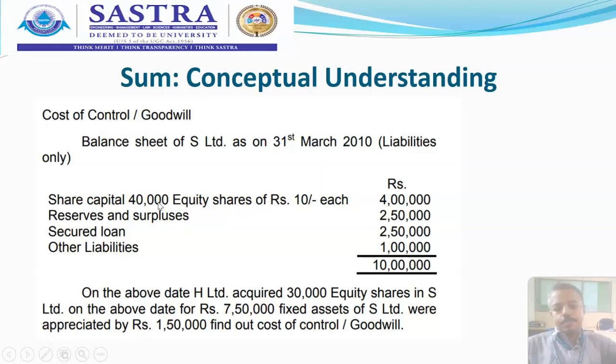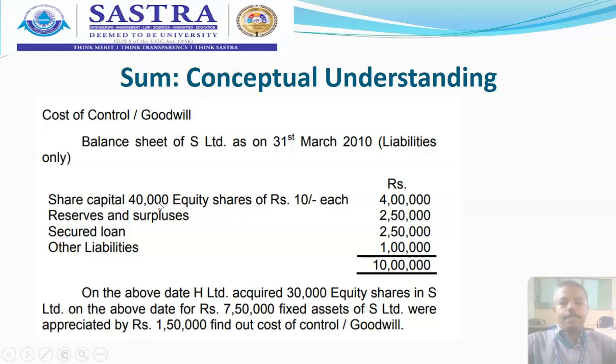Reserves and surpluses are around 2,50,000. Secured loan is around 2,50,000. All other liabilities come to around 1 lakh. So in total, it has liabilities of rupees 10 lakhs.